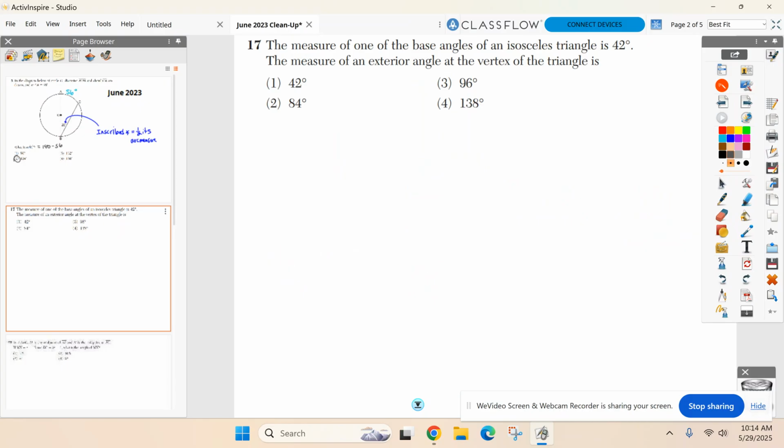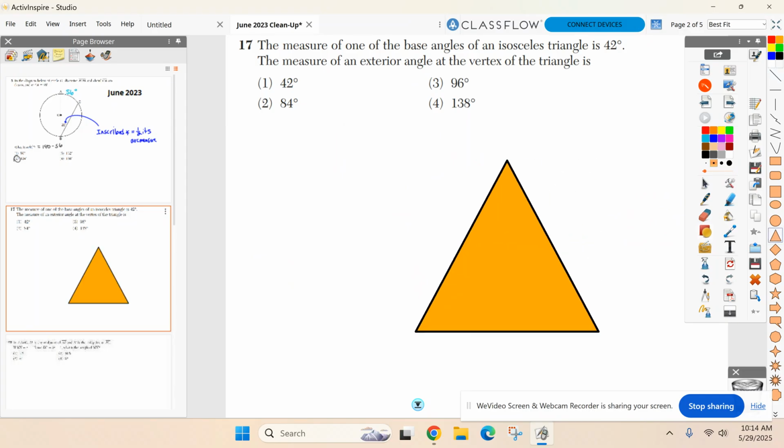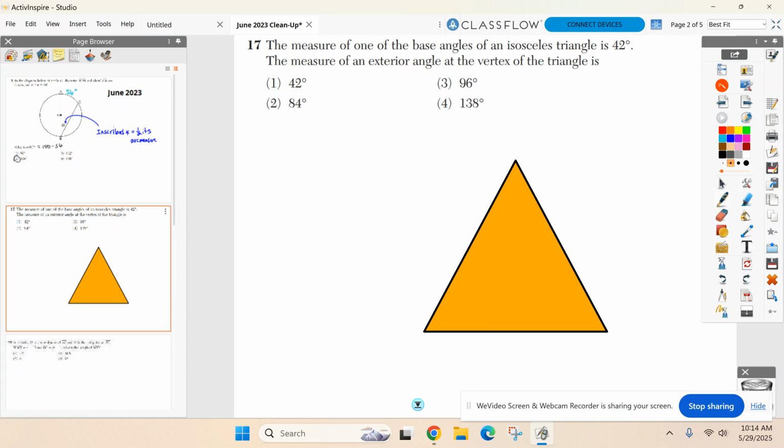This is just a vocab thing. With isosceles triangles, they use this term base angles. When they say base angles, is that the congruent ones or the non-congruent one?